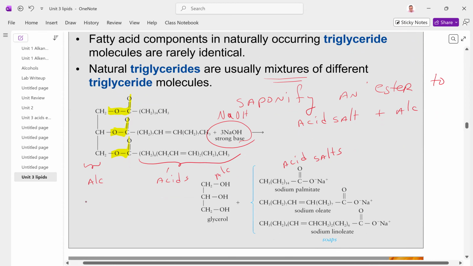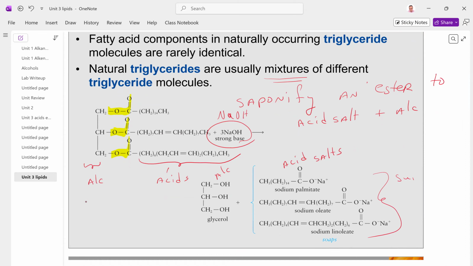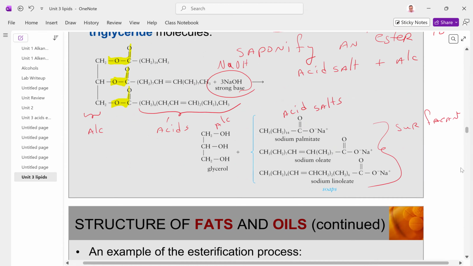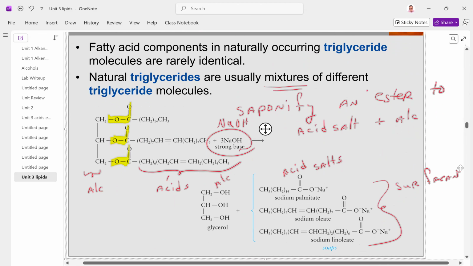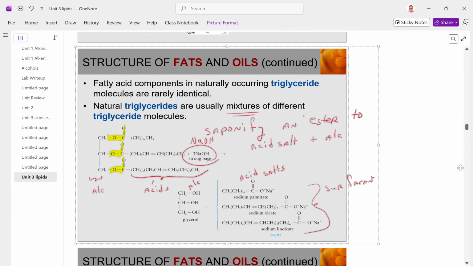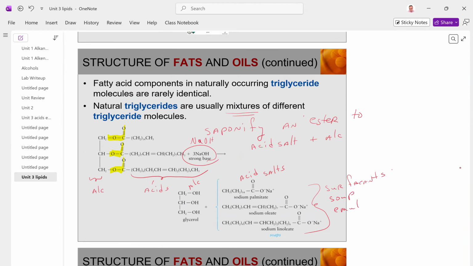And these are called the surfactants, soap, and emulsifiers. Those are one and the same. Surfactants, soap, emulsifiers.